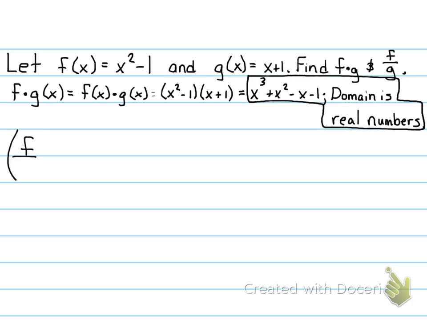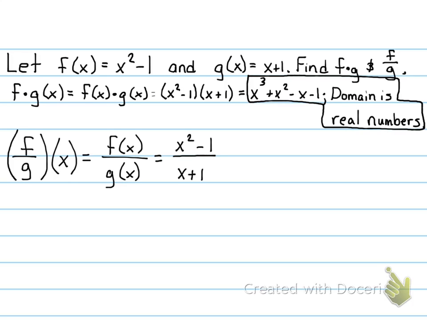Now, as for our f divided by g of x, I would rewrite that again as f of x divided by g of x. So plug everything in. What I would do with the x squared minus 1 is I would split that apart to where it becomes an x plus 1 times an x minus 1. The reason why I'm going to do that is because now I can cancel out my x plus 1s.